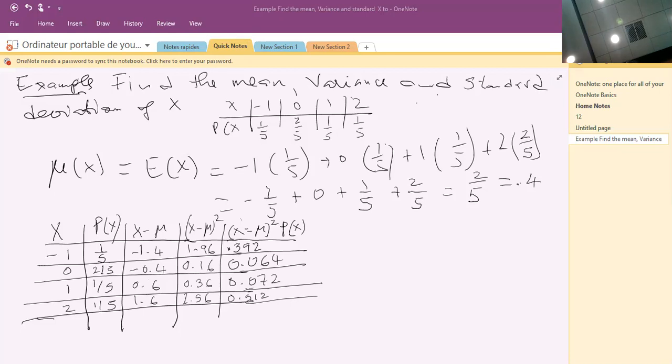Yeah. Oh yeah, this is where the problem is: 0.4 squared is 0.16, times 2 divided by 5 gives 0.064. Okay, now 0.6 squared divided by 5 gives 0.072.